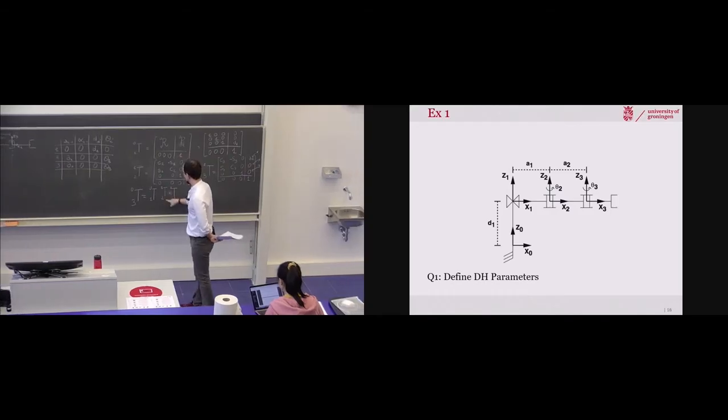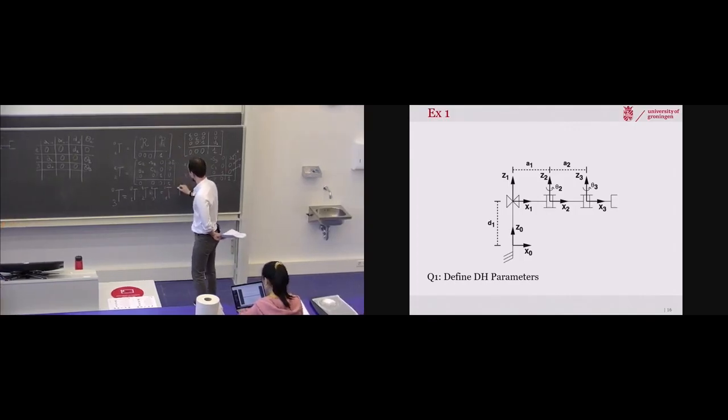Therefore, the multiplication of these two gives you something like this: 0, 1, that multiplies the transition matrix from 1 to 3, and then you obtain the solution.